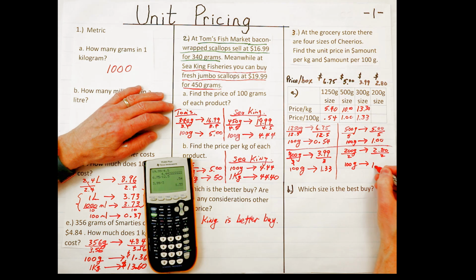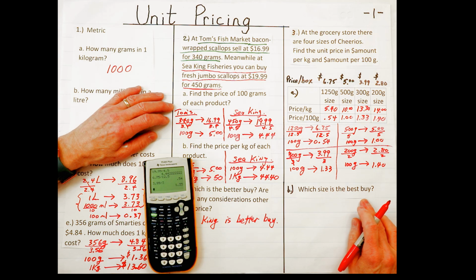That's $1.40, isn't it? Yep. So $1.40 is the price of 100 grams in the small box. And how much is that going to be for 1 kilogram? Remember, 1 kilogram is 1,000 grams, so we're going to multiply by 10. So that's going to be $14.